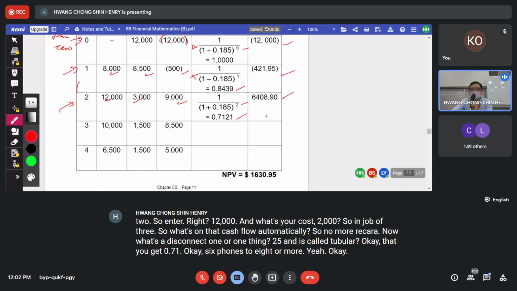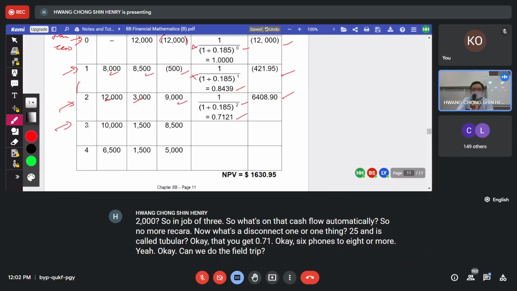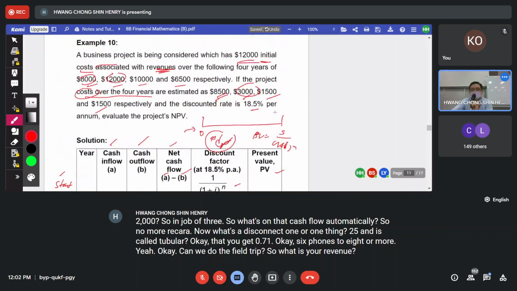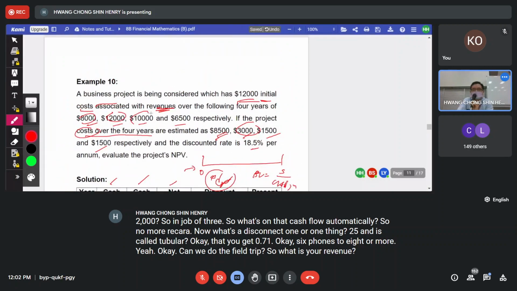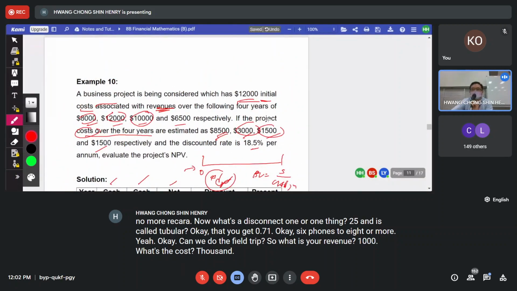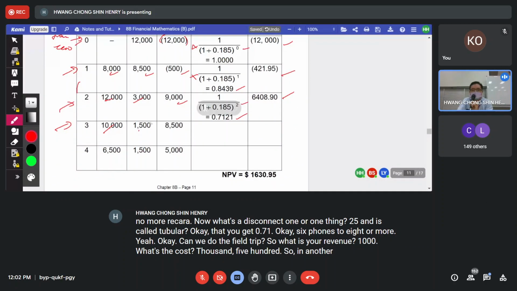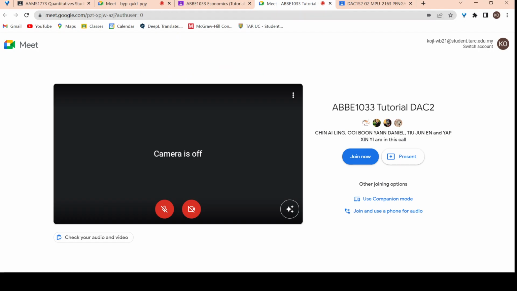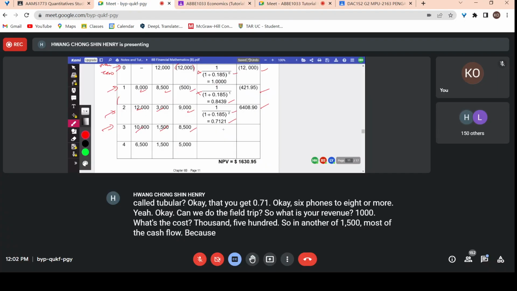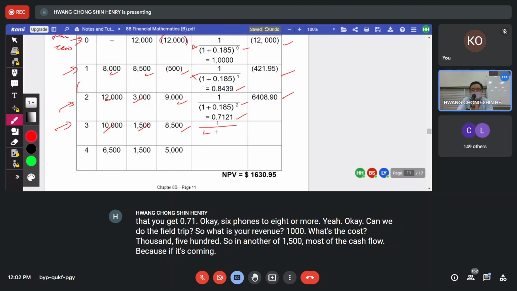Okay, can we do the year 3? So what is your revenue? 10,000. What's your cost? 1,500. So in 10,000, out 1,500. What's your net cash flow? 8,500. What is your discount rate? 1.185, N is 3. How much?